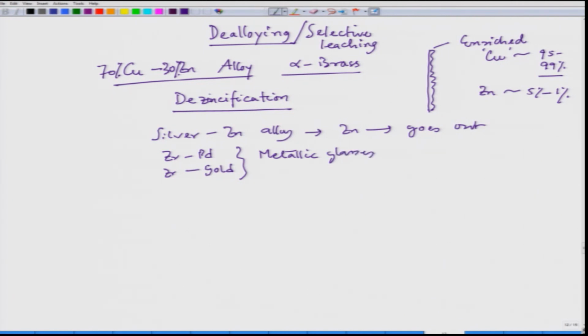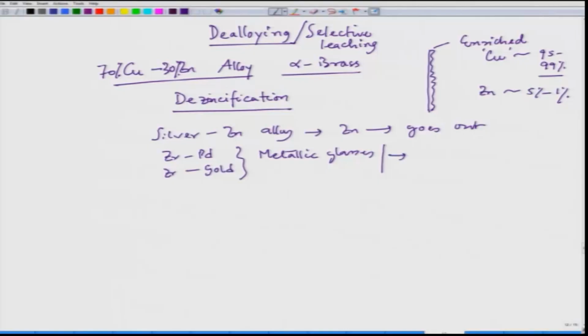If we do rapid solidification, they lose their crystalline structure and form a random arrangement of atoms, just like what we see in the liquid phase, but in solid condition, and at that time we call it metallic glass.